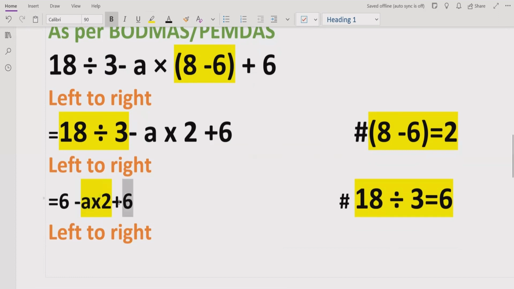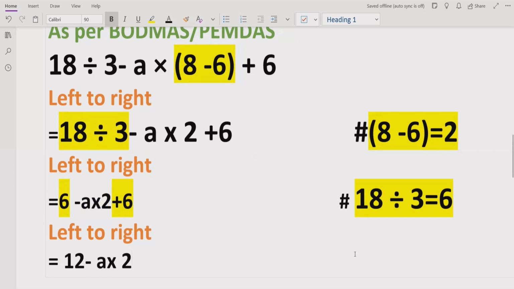We have to solve first this plus 6 with this plus 6. So now we solve this part: 6 plus 6 is 12, minus a multiplied by 2.